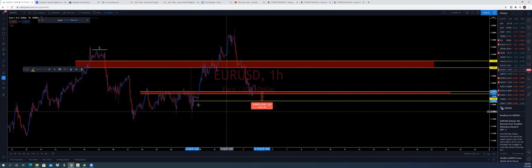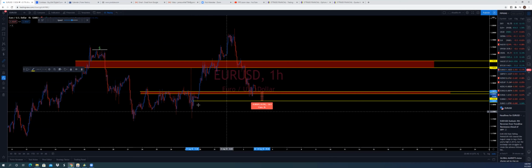I would want to see Euro USD at least come back down, retest this low or this low right here. So yeah, we'll see.